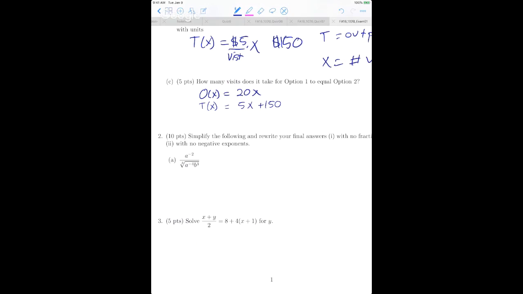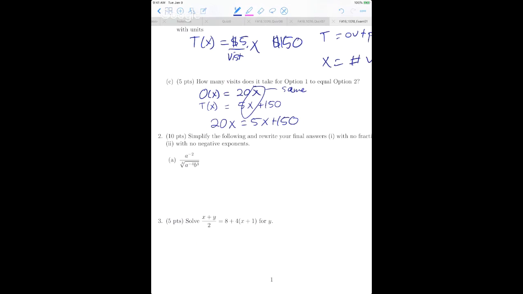This x is going to be the same, is what I mean, right? What number of visits makes these two options the same cost? Not, well, if I do 2 visits for this one, that's the same as doing 5 visits for this one. That's not what we're asking. We're asking what x makes 20x equal 5x plus 150.